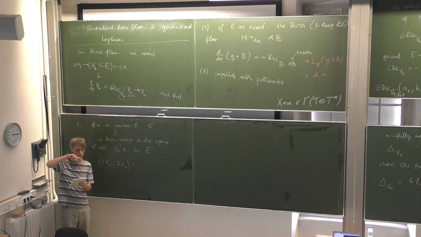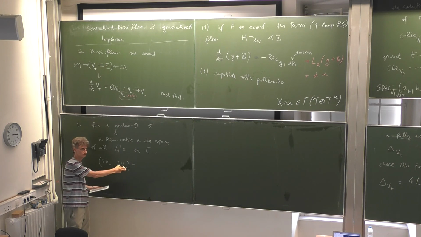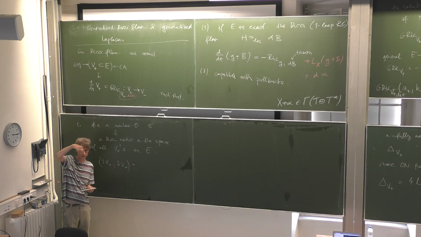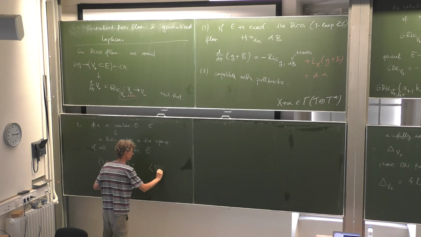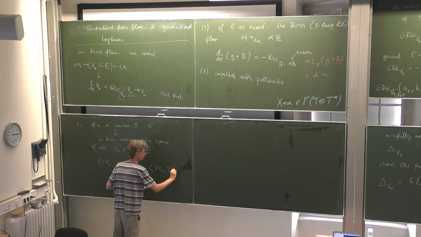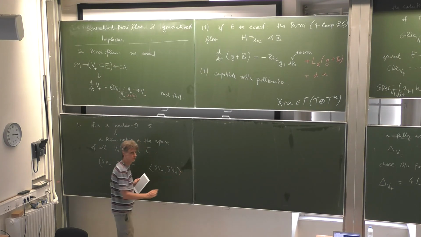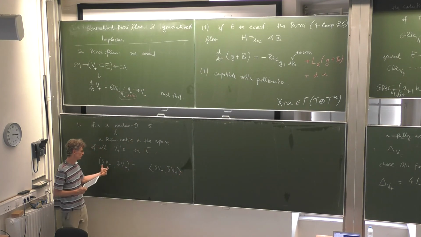It's an element of V plus tensor V minus. A section of that thing, we take it twice, so we can contract V pluses and V minuses together. So I can write down something like delta V plus, V plus. Sorry? I want to define this.